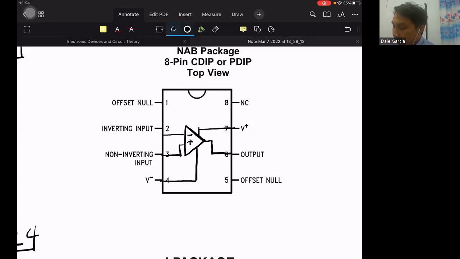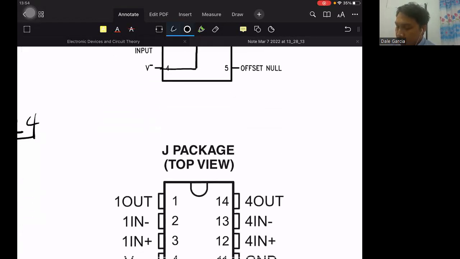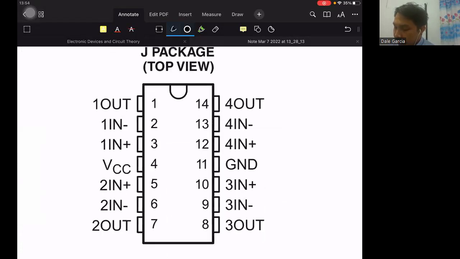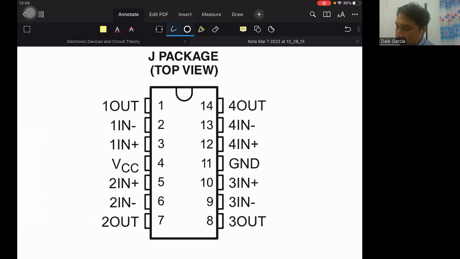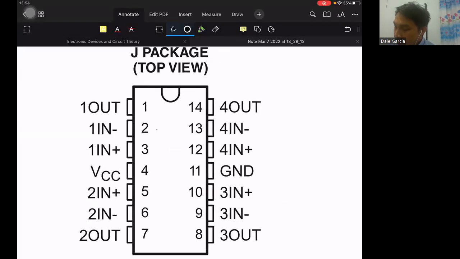Yeah, I think that's it. How about the LM124? Let's look at it. The inverting and non-inverting inputs, output is pin 1.